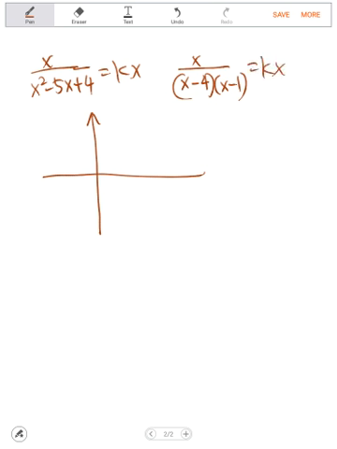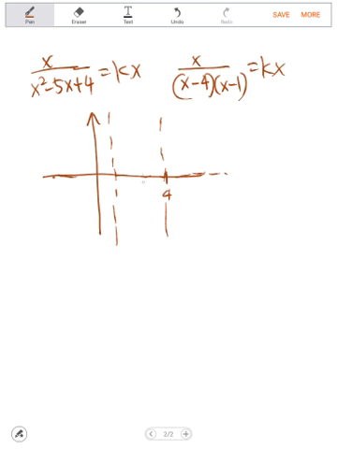On the left hand side, I graph the left hand side. I have 2 vertical asymptotes, at x equals 1 and 4, and 1 horizontal asymptote, y equals 0. And the graph looks like, when x approaches infinity, it's actually 0.